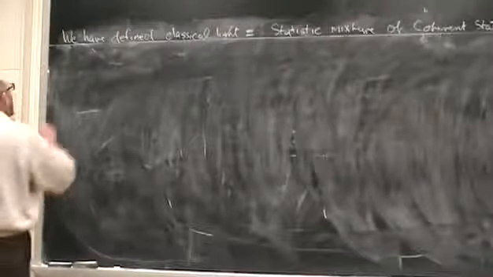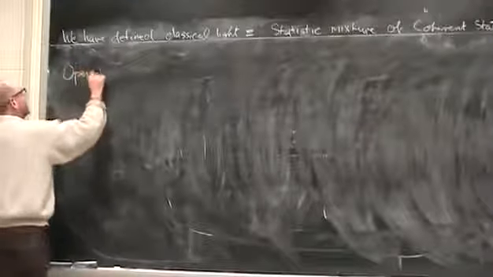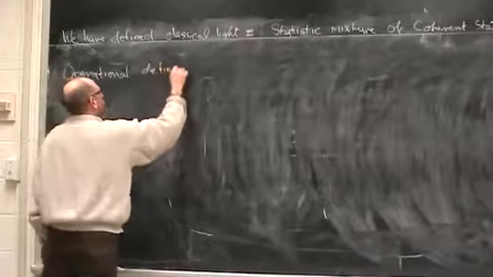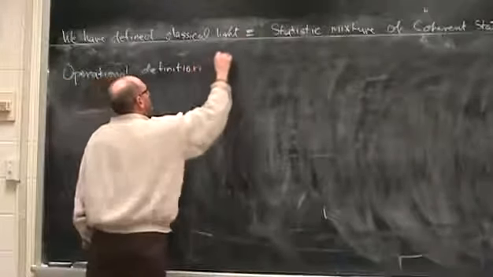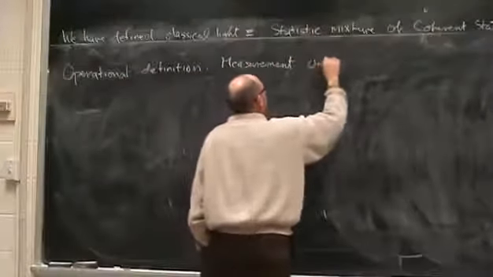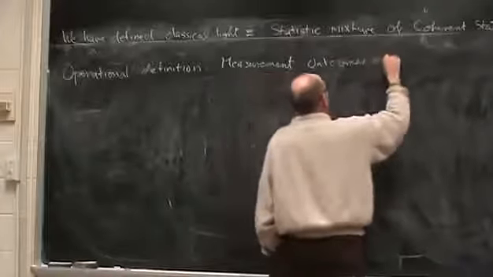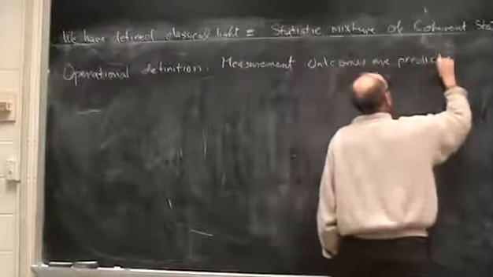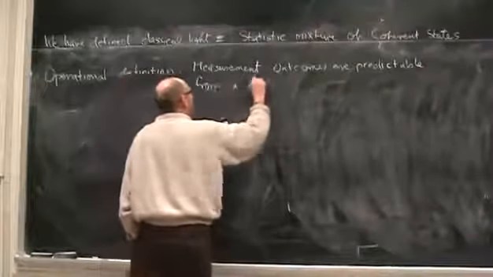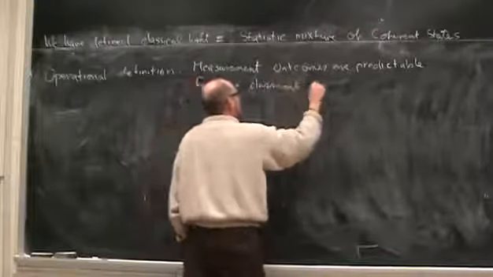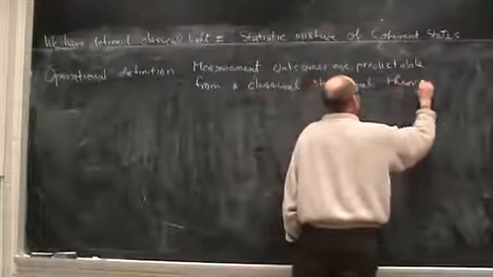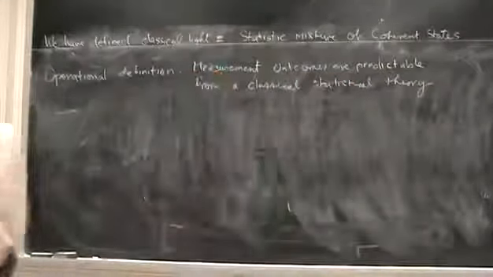So the operational definition: measurement outcomes are predictable from a classical statistical theory. What kind of measurements were we talking about?